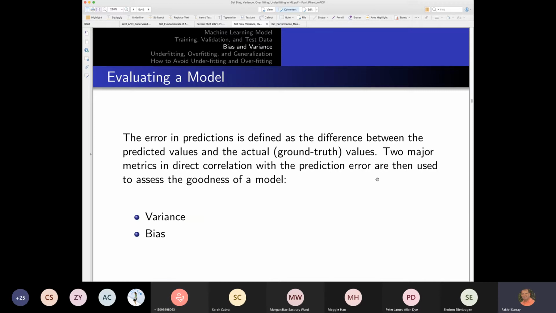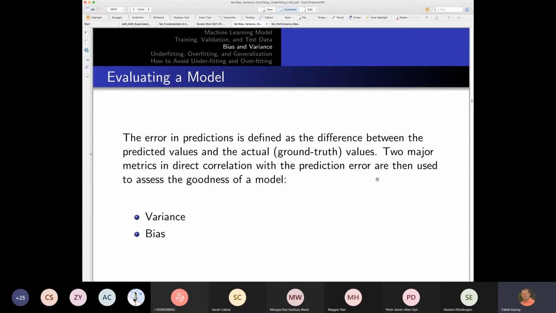This is what we defined when we spoke about the perceptron and the multi-layer perceptron. We have the predicted values that are generated by the engine that we have built, in this case an artificial neural network, whether it's a perceptron, Adaline, Madaline, or multi-layer perceptron, and the actual ground truth.